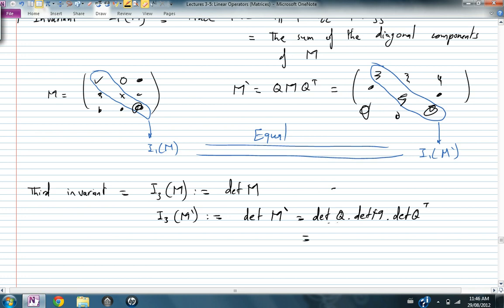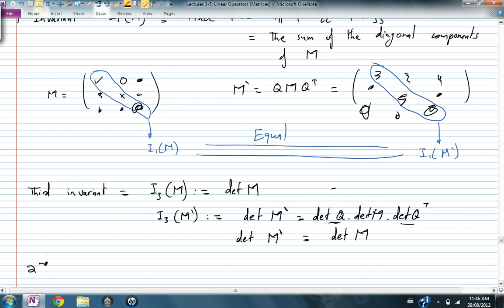Now we know that this is equal to either 1 or negative 1, and it's the same for this. So you're going to be left with the determinant of M, which means that the determinant does not change its value.